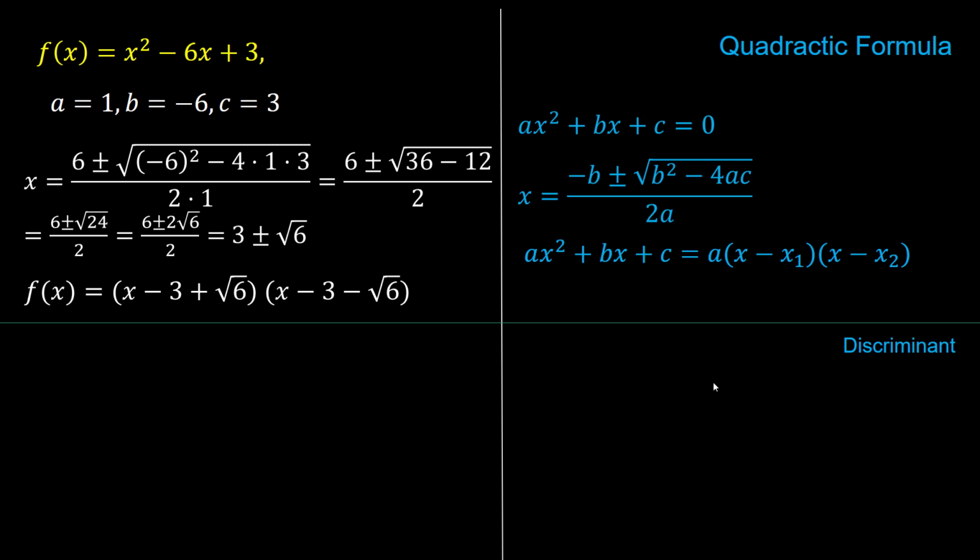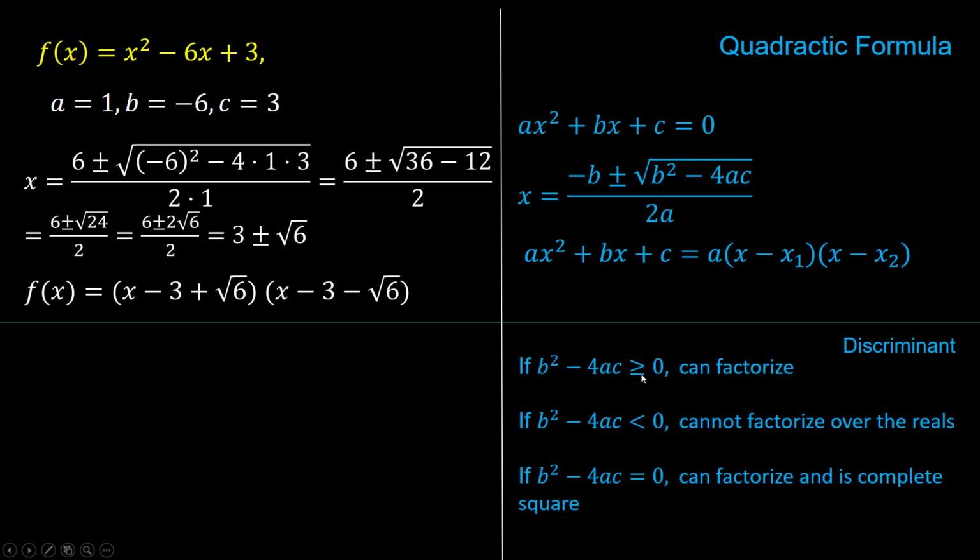The discriminant is defined to be b squared minus 4ac. In other words, it is what's inside this square root. If this number is positive or 0, then the square root of this expression is a real number. So we have two real roots, or maybe two identical real roots if it's equal to 0.